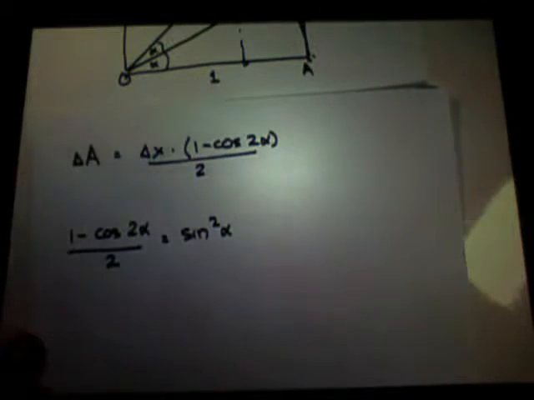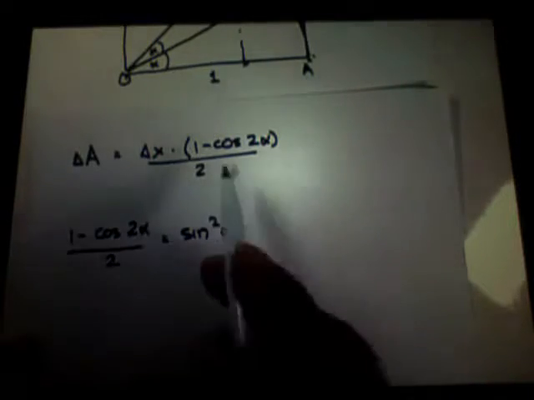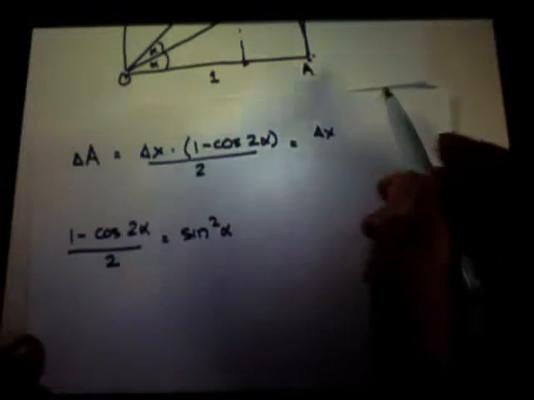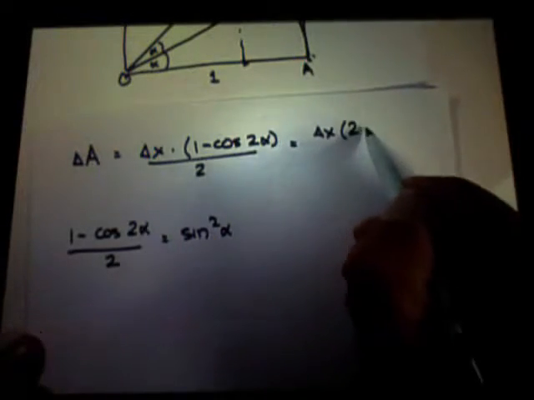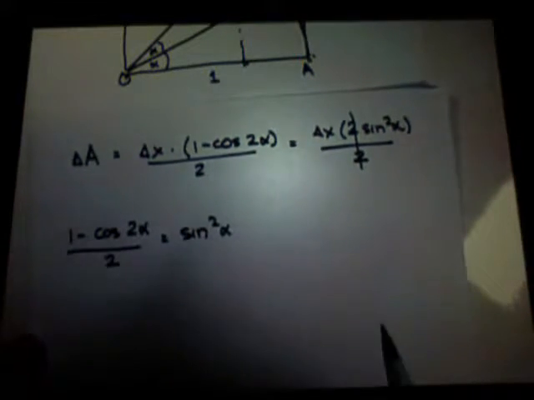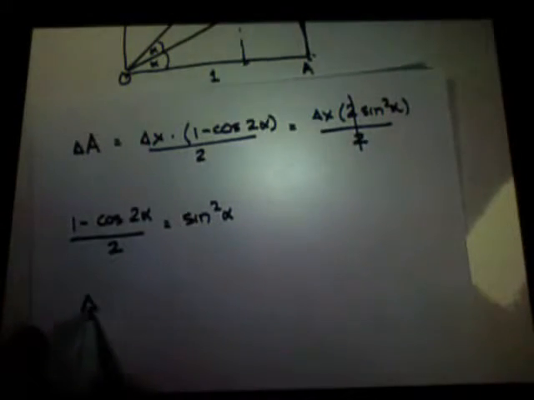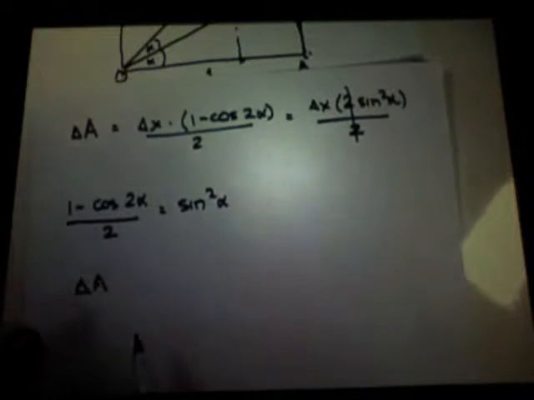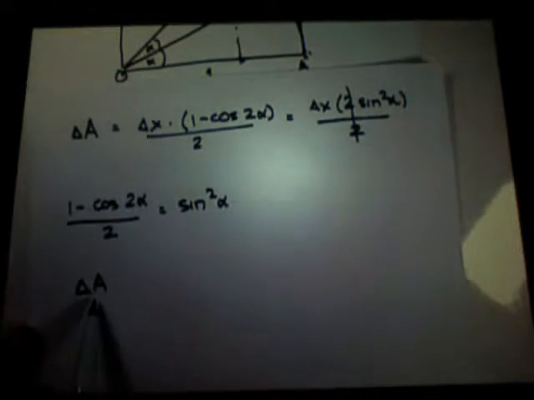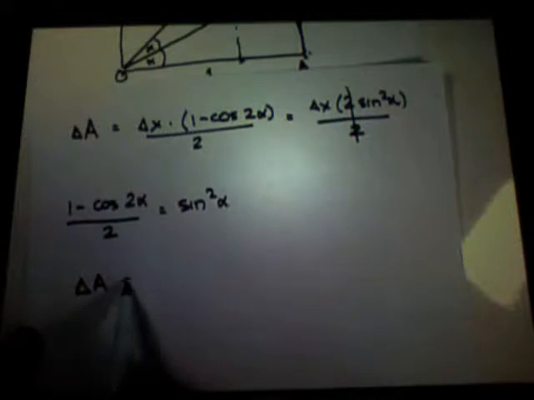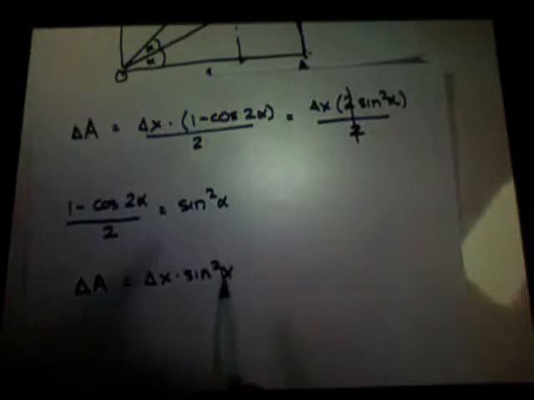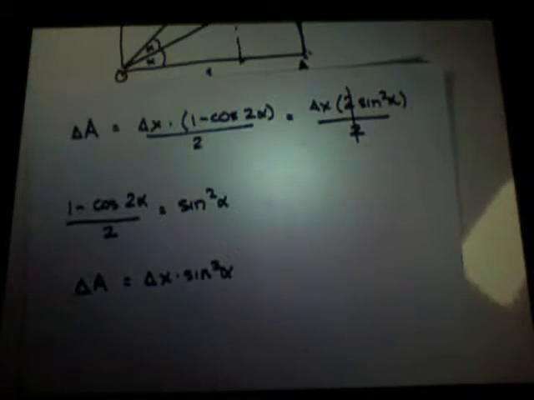So 1 minus cos 2 alpha is 2 sine squared alpha over 2. After making that substitution, the incremental area is delta x times sine squared alpha.